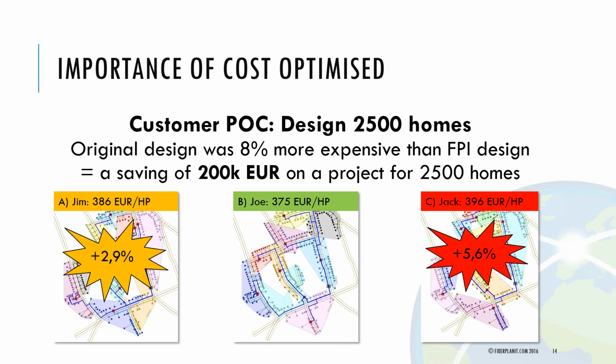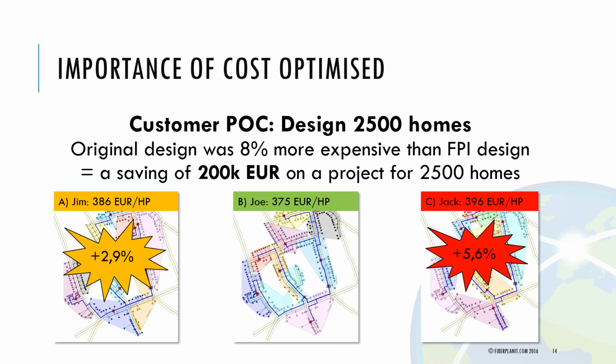They will divide the area into clusters differently, and route the cables differently. The three designs will not be alike, and only one design will be the cheapest. Now by using FiberPlanIT, using the automation and the optimization, you will always come up with the cheapest design.